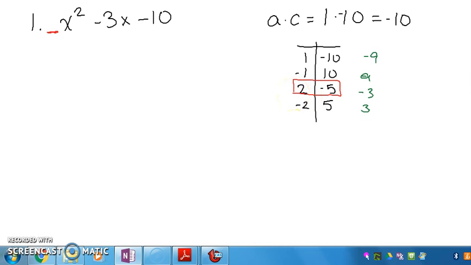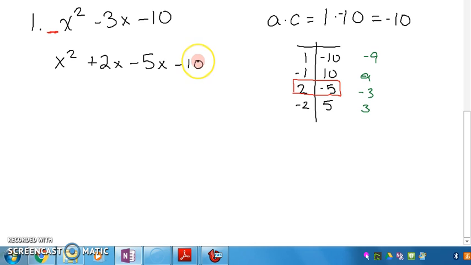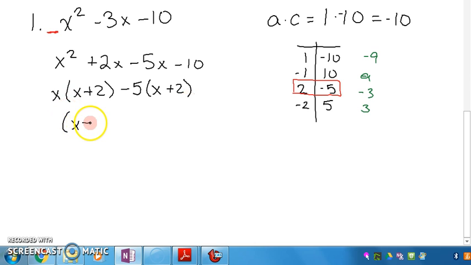So now, as I factor, x squared plus 2x minus 5x minus 10. Now I factor by grouping. I can take an x out of the first two, x plus 2. I can take a negative 5 out of the second, x plus 2. And now the common factor in both of those terms is x plus 2 times x minus 5.